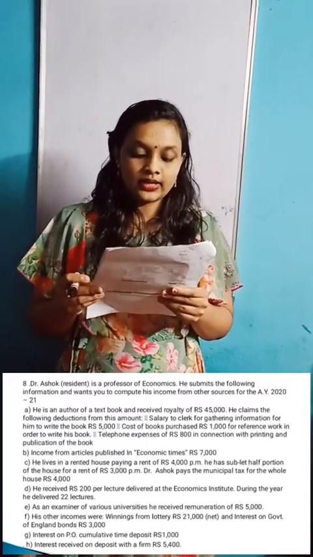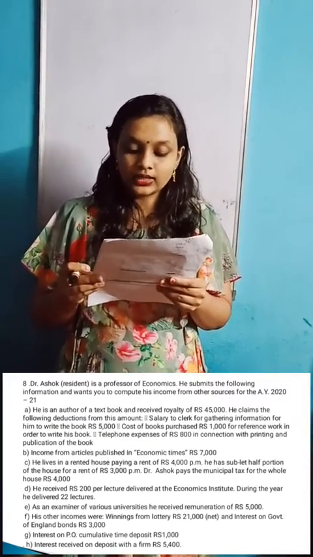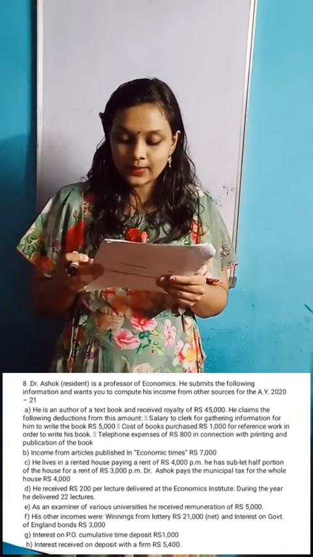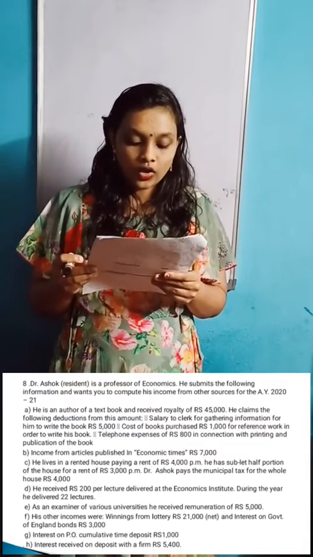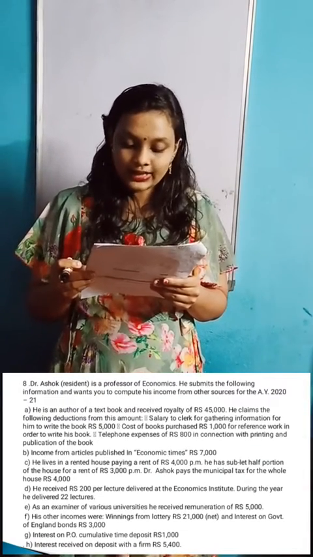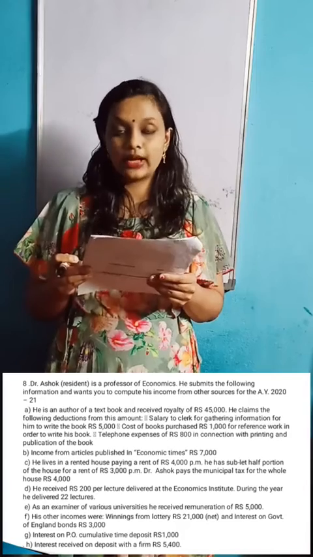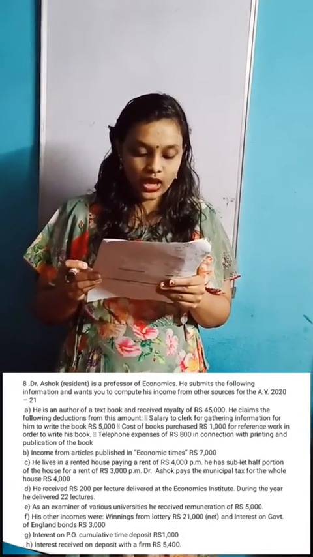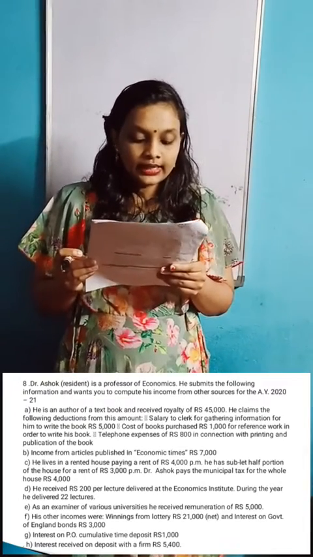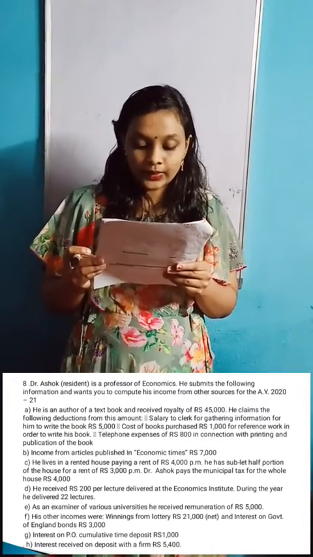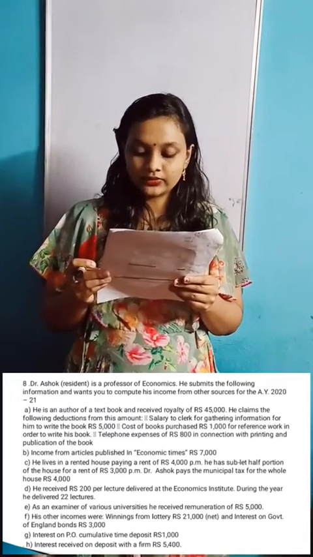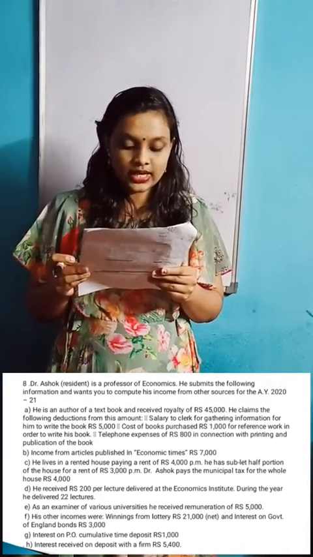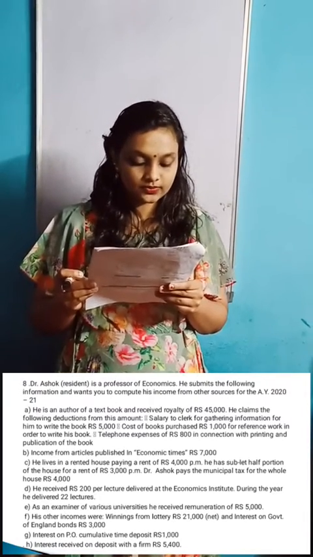He lives in a rented house paying a rent of rupees 4,000 per month. He has sublet half portion of the house for rent of rupees 3,000 per month. Dr. Ashok pays the municipal tax, rupees 4,000. He receives rupees 200 per lecture delivered at the Economic Institute. During the year, he has delivered 22 lectures.